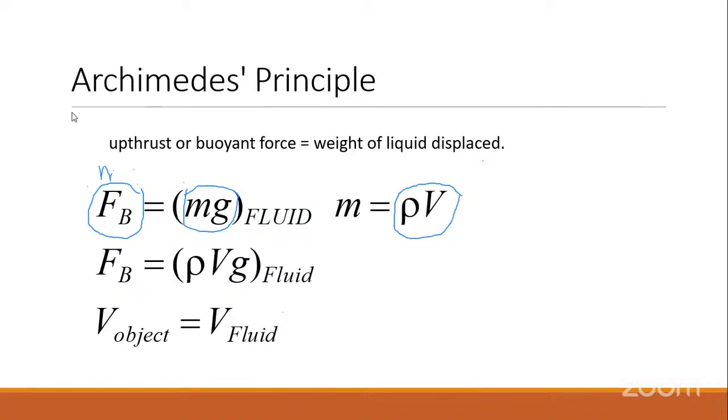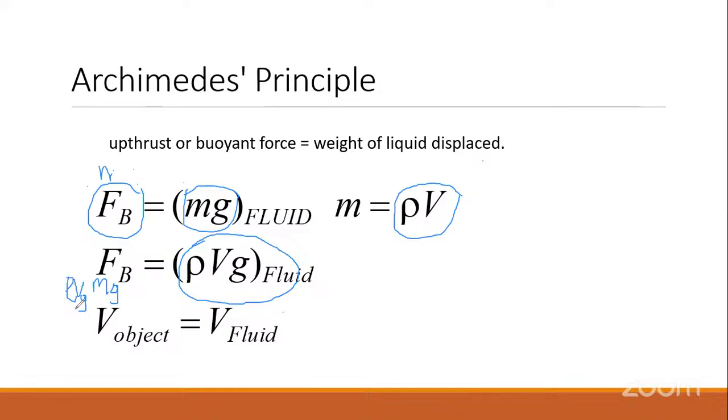Here, we can replace this with mg, and then m with rho V, so rho V g.